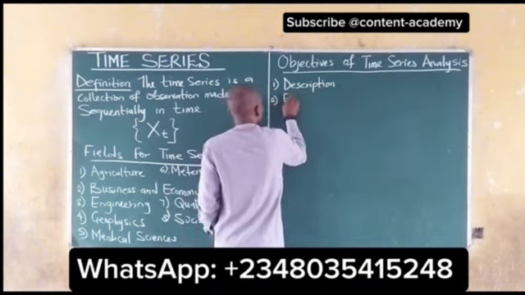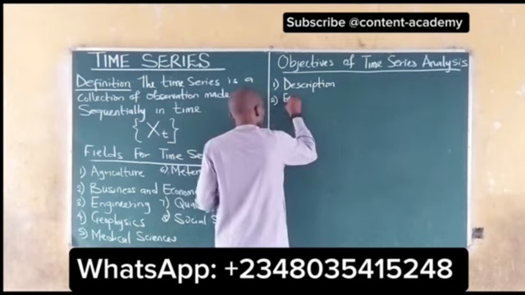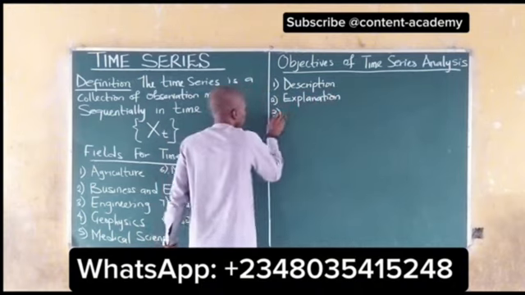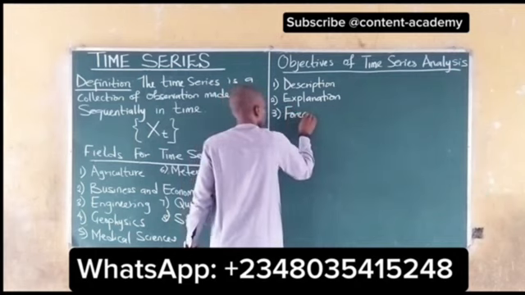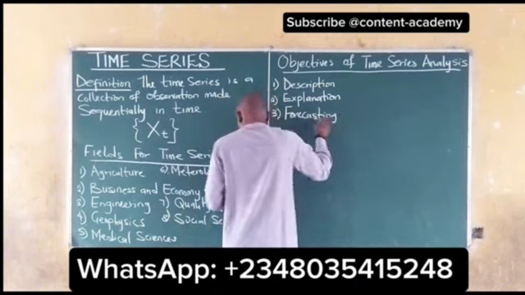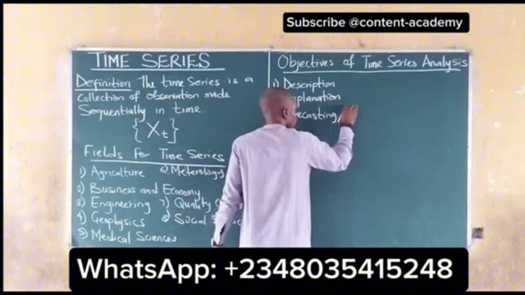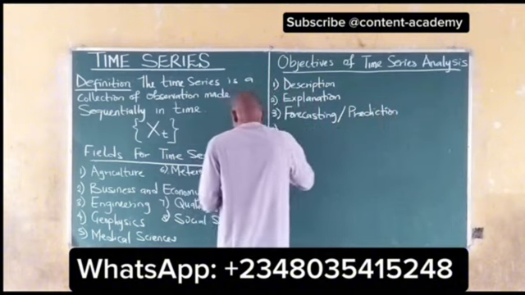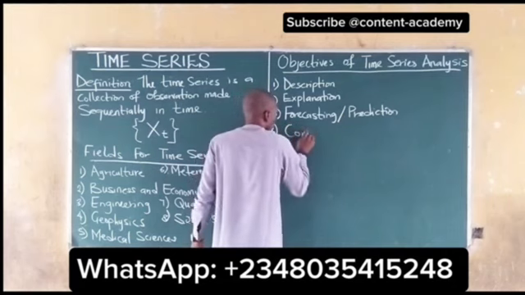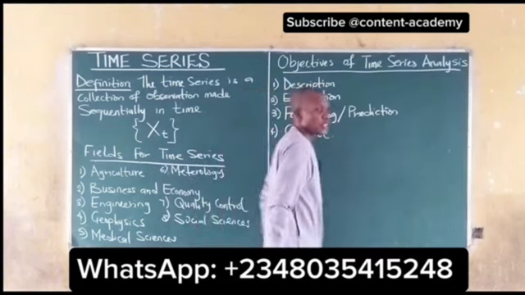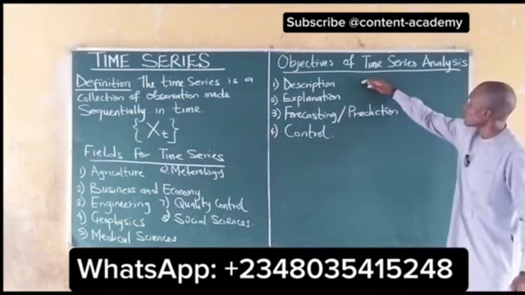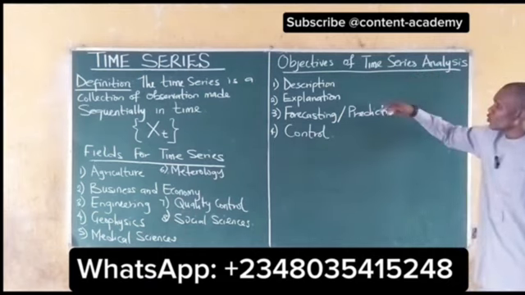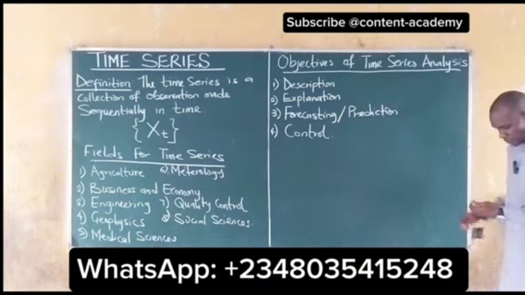Two, we have the explanation. Three, we have the forecasting or prediction. And four, we also have control. So these are the objectives of time series analysis. When we talk about time series analysis, these are simply the objectives.